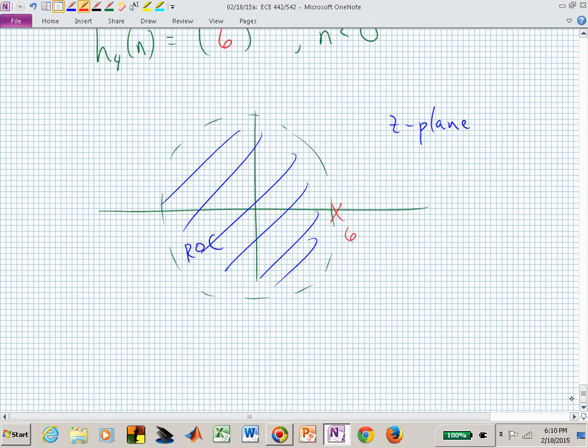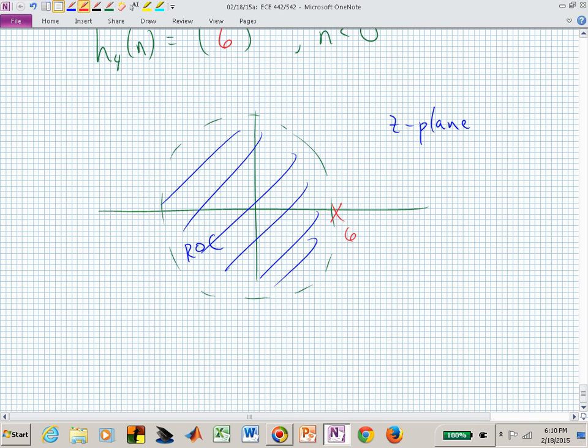Those four cases are causal, bounded and unbounded, anti-causal, bounded and unbounded, and you could also have two-sided, bounded and unbounded. When would you have an annular region of convergence that gives you bounded waveforms?